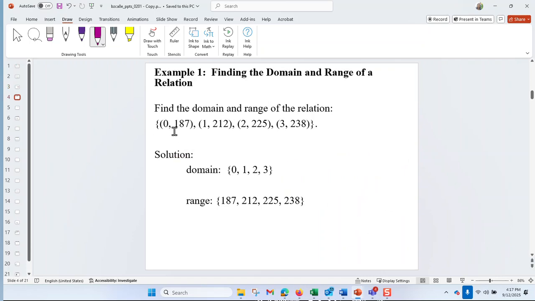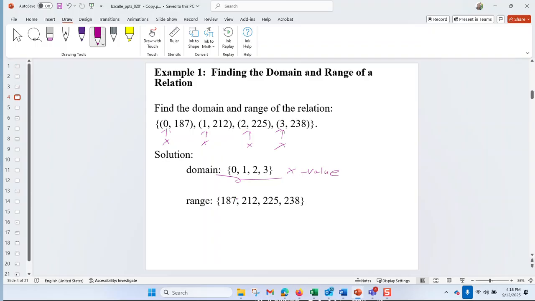If you look at these ordered pairs, the domain will be all the x values. Where are the x values in here? Well, 0 is an x value. This is the x, this is the x, this is the x, this is the x. So you have 0, 1, 2, 3. Those are the x values, so that is the domain.